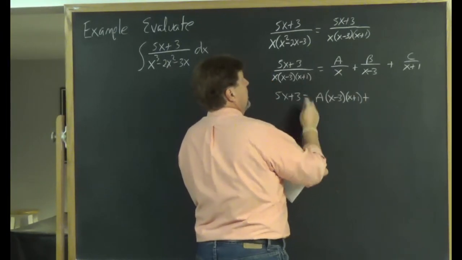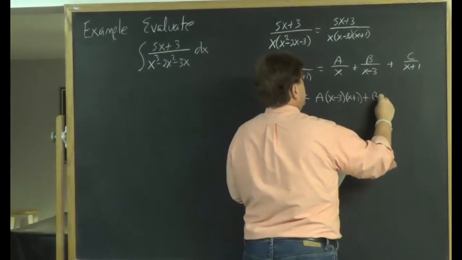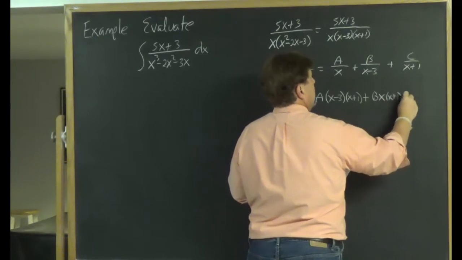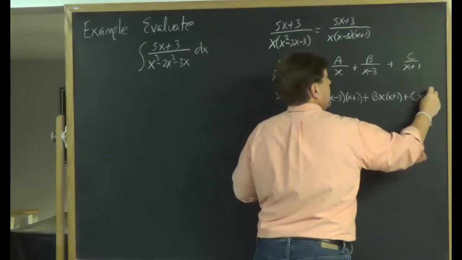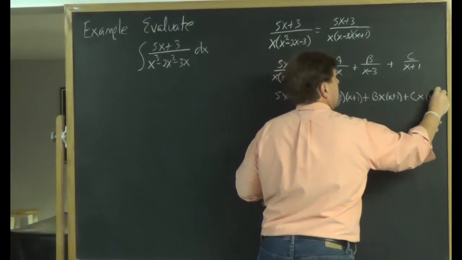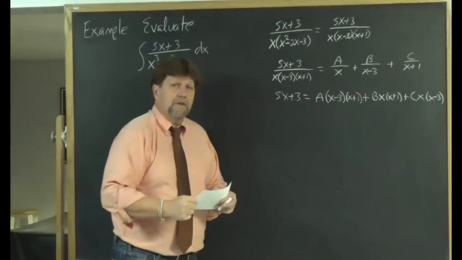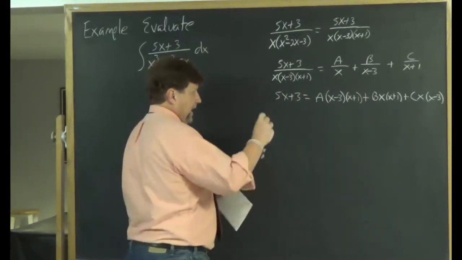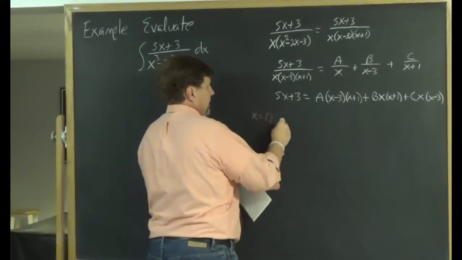plus, okay, so when this gets multiplied here, I'm left with B times x plus 1, plus C times x minus 3. Oh yeah, I want to pick convenient values for x here. The first one I would pick is x equals 0.